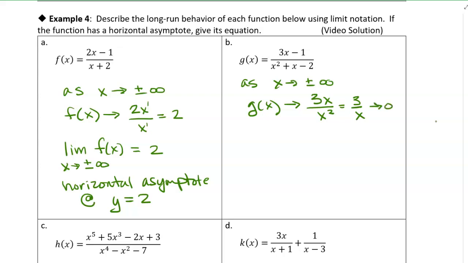It does that whether x goes to positive infinity or negative infinity.